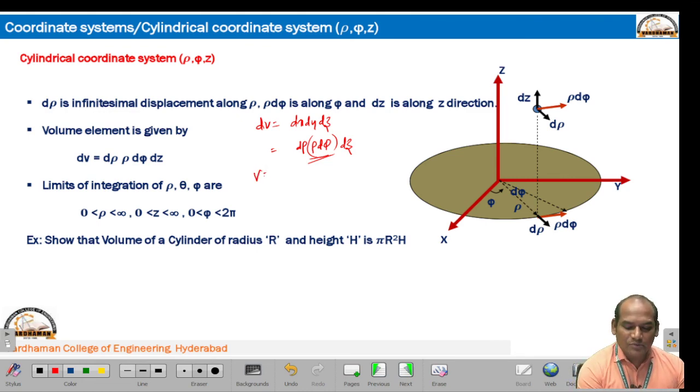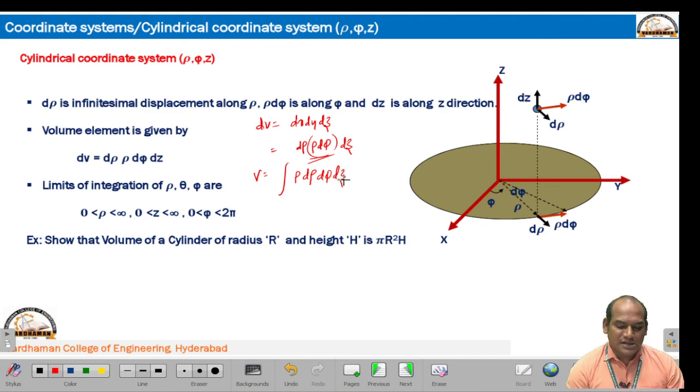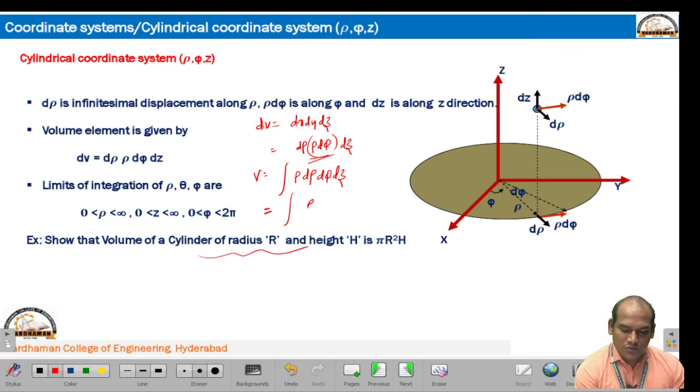So, the total volume is given by V. By integrating these things, you will get rho d rho d phi dz. Assume some rho value is r. In this particular problem they have given r. So, r dr, phi is anyway 0 to 2 pi, and the z value also they are taking 0 to h.